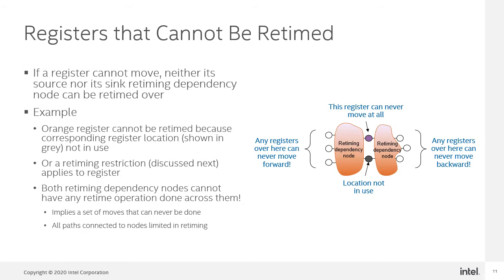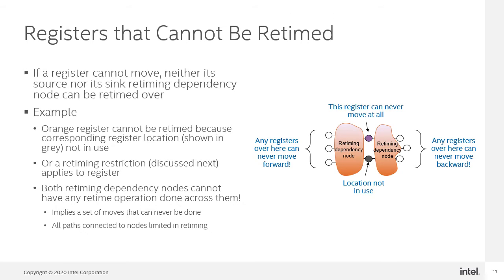In the example on this slide, the register shown in red cannot move due to a retiming restriction. Thus, input registers to the retiming dependency node on the left cannot retime forwards, and output registers to the retiming dependency node on the right cannot retime backwards. Thus, retiming is completely blocked at this point in the design.